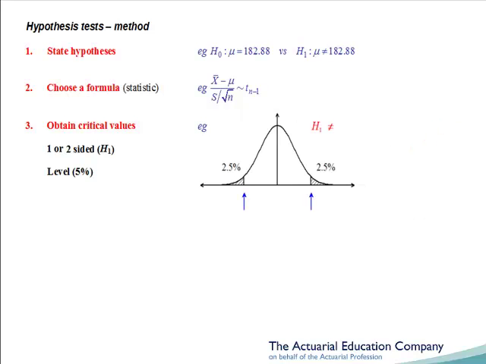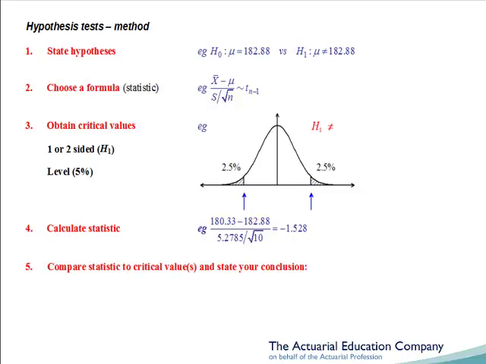So now we have our critical values, we're ready to proceed to step 4, which is to calculate the value of our statistic. So in our particular example, we substitute in our sample mean of 180.33 and our null hypothesis mean of 182.88, along with our sample standard deviation and sample size. And this gave us a value of -1.528.